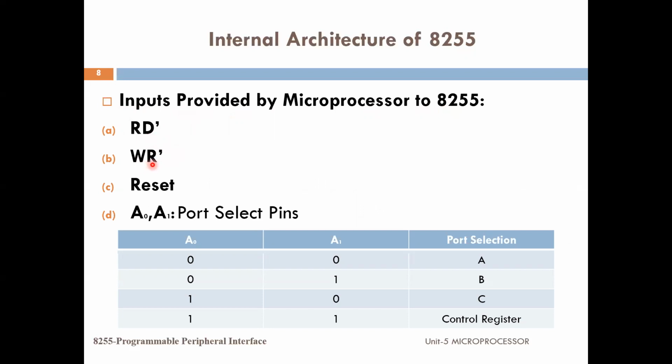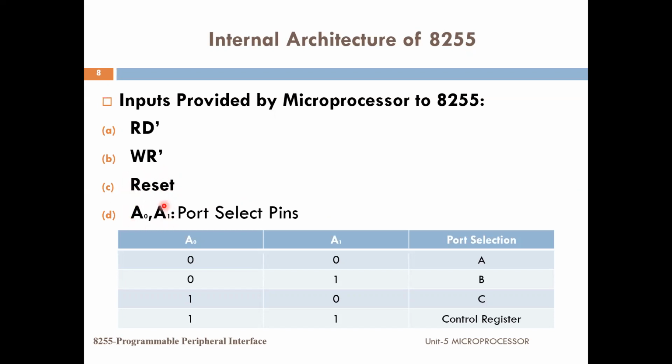Another is the active low write signal that is responsible for performing the write operation, in which we write the data onto the port. We have the reset. This reset signal is active high and it basically resets the control word register, meaning it clears the content of the control word register, and after the reset all the ports will behave like input ports.